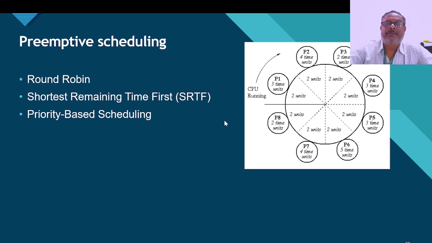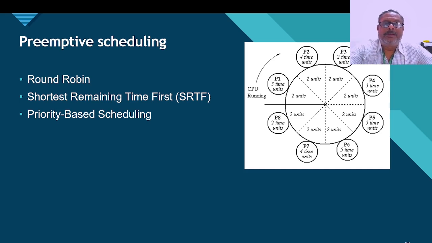So when more than one process wants to be executed, look at the priority of each process. The process which has the highest priority will be given the first chance, then the second priority, then the third priority, and so on. The reason for calling this priority based is that when a low priority process is running and a high priority process comes up, then the low priority process is forced to stop, and the chance is given to the high priority process.